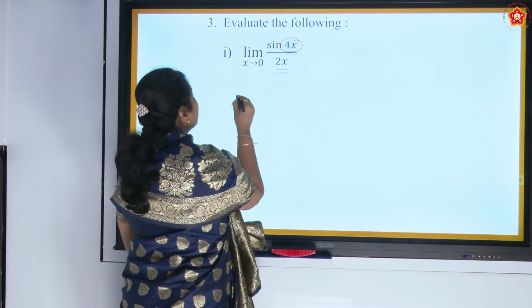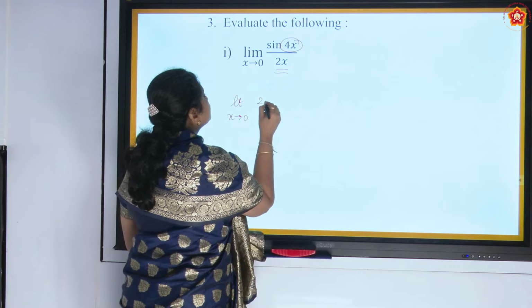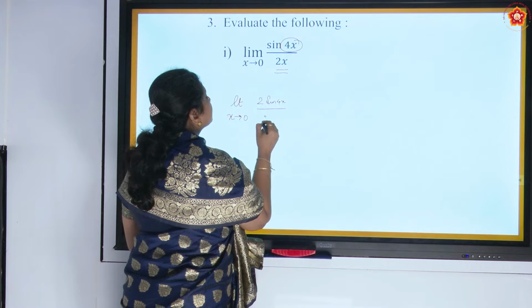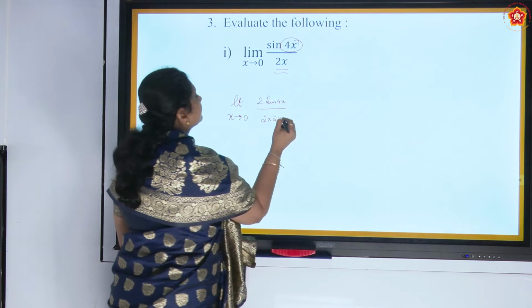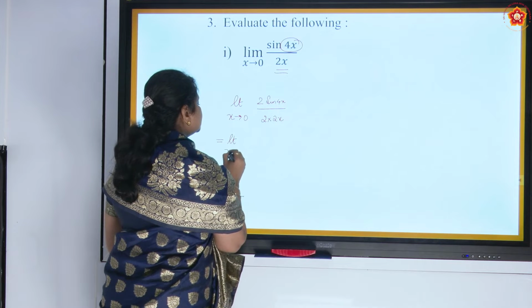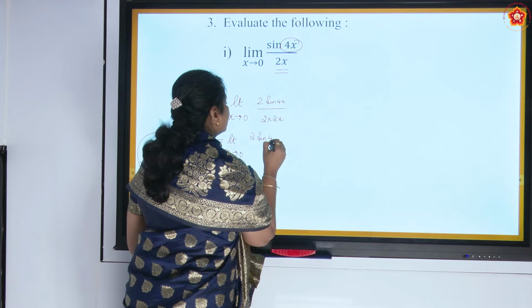So I'm going to multiply and divide this particular function by 2. So 2 sine 4x by 2 into 2x. I'm just rewriting the function. So I'll get limit x tending to 0, 2 sine 4x by 4x.